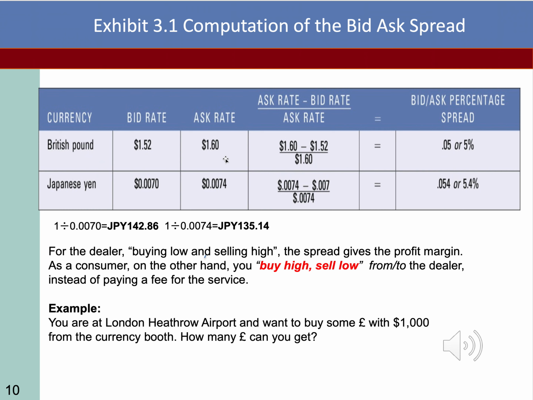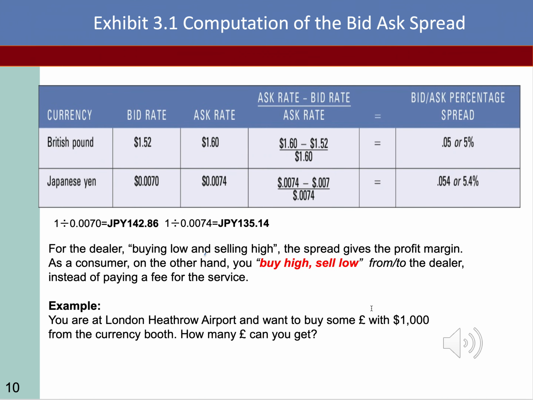Now, for a consumer, the opposite is true. Because you do not really pay a fee for the service, what you do is buy high and sell low. You buy high from them, or you sell the currency low to them.